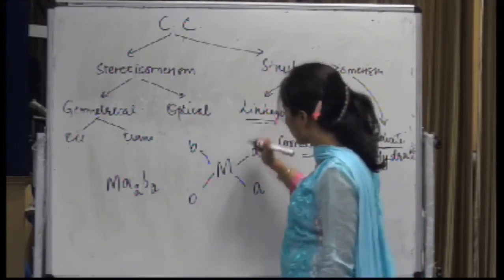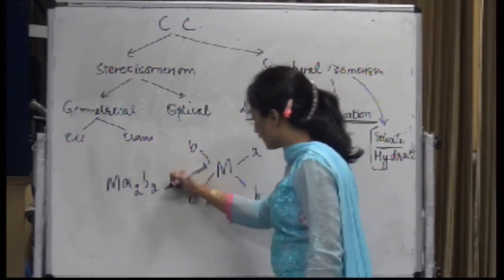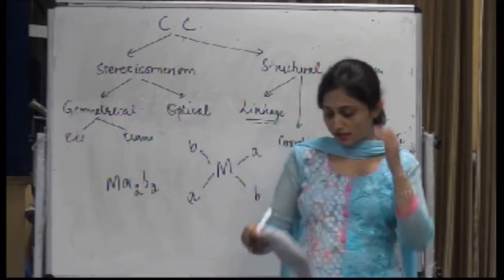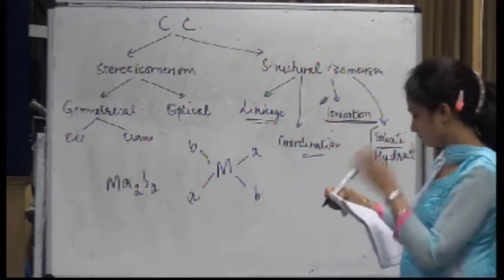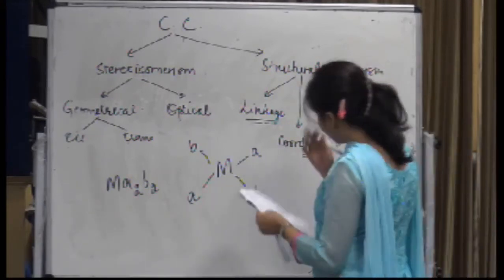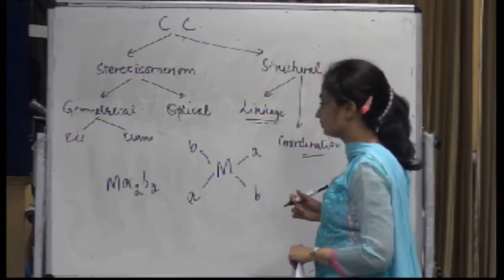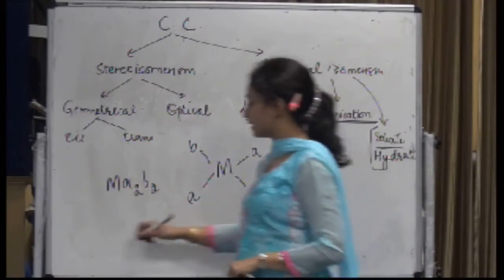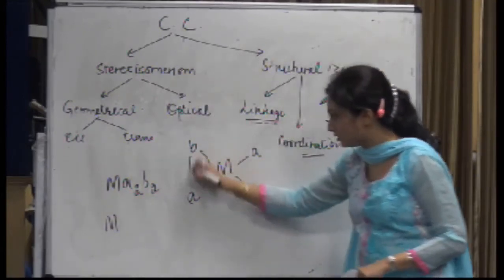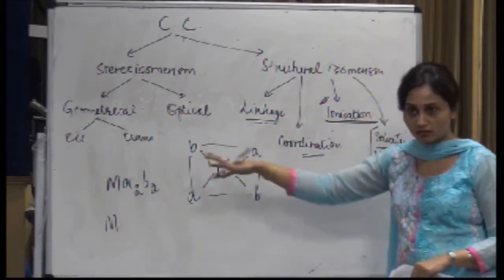If I put 1B here and I put A, so they are opposite to each other, then it is trans. Alright. This is also possible in case of MA3B3 case. जैसे MA2B2 ये तो square planar सा लग रहा है ना, it's kind of a square planar structure.